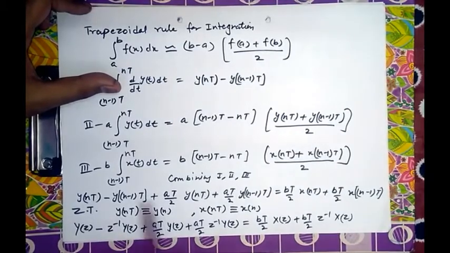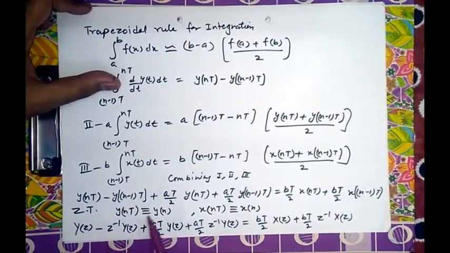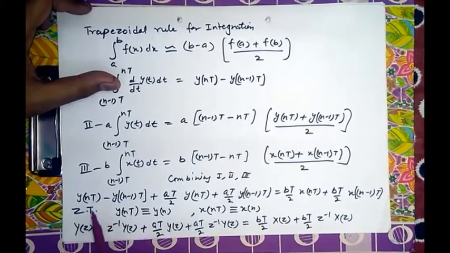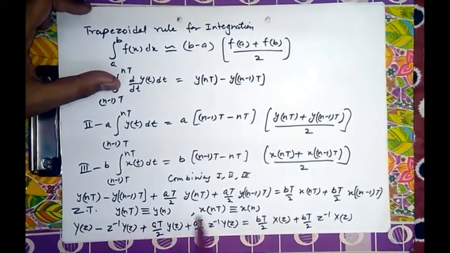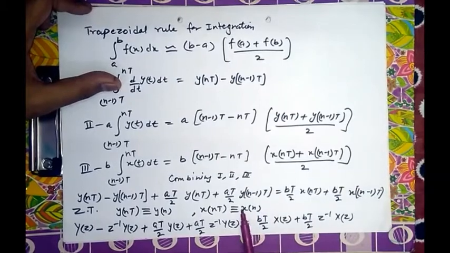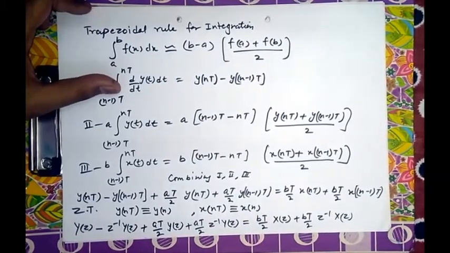This is the simplest equation after getting the integration, and further we will do the z transform. But we know that y(nT) is generally written as y(n), whereas x(nT) is generally written as x(n), because T is nothing but the sampling time period, which is not always written.